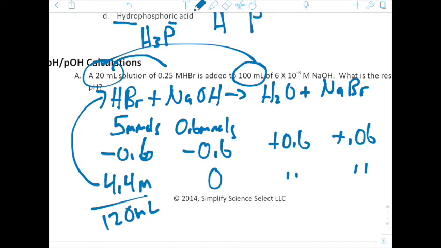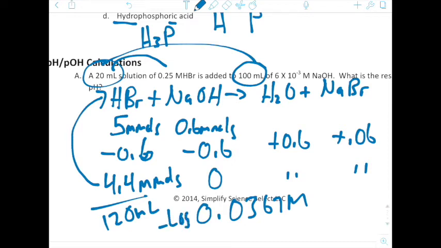Remember, because this is millimoles, we have a concentration of 0.0367 of our hydrogen ions, and we just take the negative log of that because that's what pH is, and we get a pH of 1.44, which should make sense. That's acidic, and what we had left over was an acid.